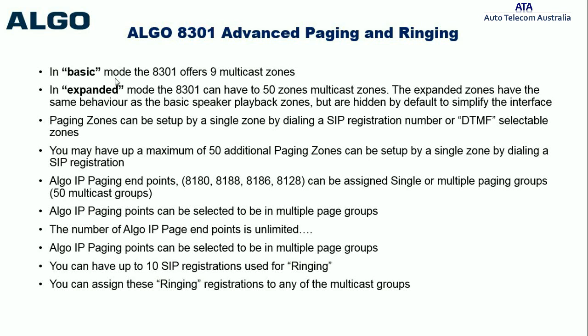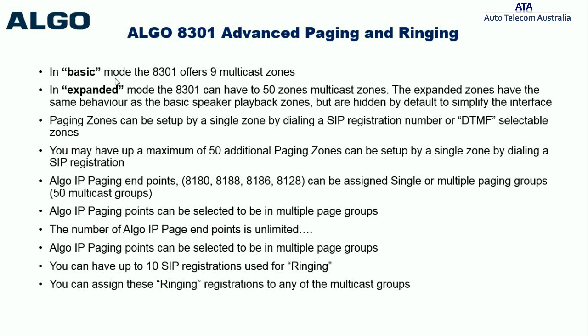The Algo paging endpoints, now these can be either 8180s, 8188s, 8186s or 8128s, can be assigned to either single or multiple paging groups. As we pointed out, there can be up to 50 of them. So for example, we may have an 8180, and these don't have to be registered, by the way.